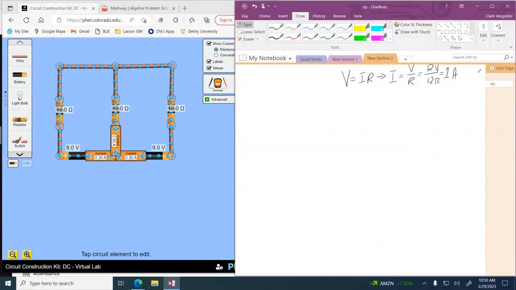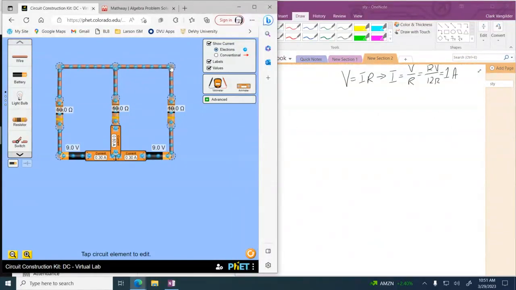Once you have that, you can stop. And in fact, in this circuit, we'll do one more loop than is necessary because I want to point out why the third loop equation is not useful to us.